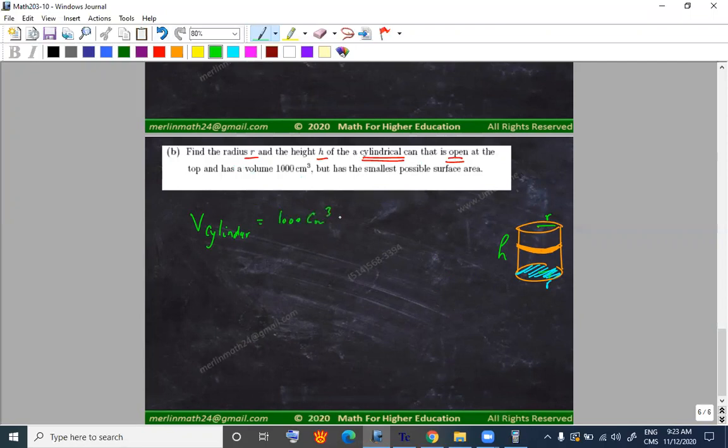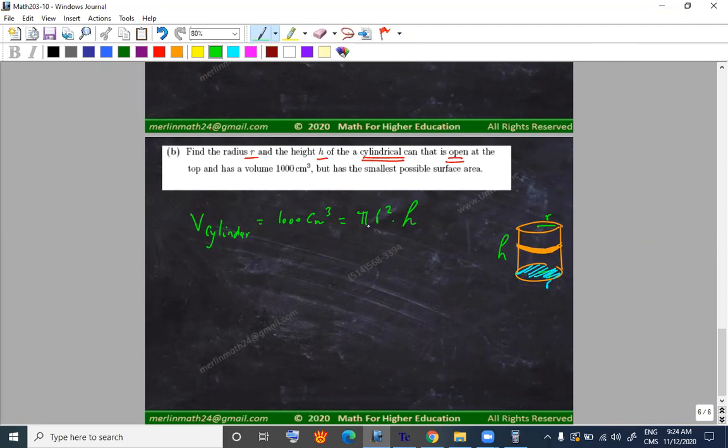Right away, what do you know about volume? The volume has to do with the base times height. So the base is the circle, which is pi r squared, and the height. So this is the volume.